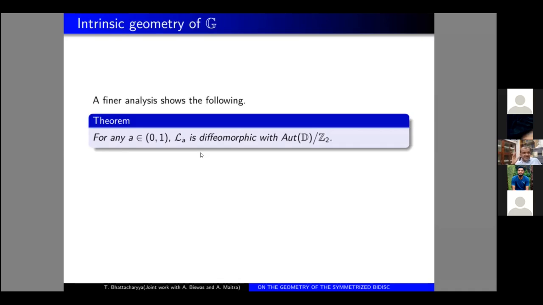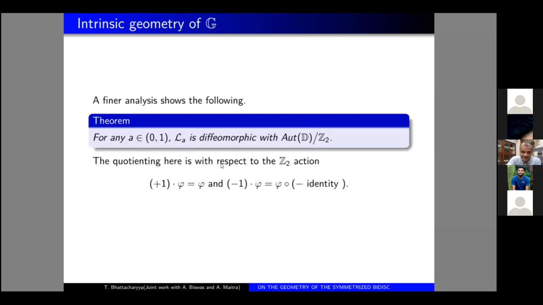They're three-dimensional real hypersurfaces, so it makes sense to ask whether they're diffeomorphic or not. And we end up showing that these are all diffeomorphic to each other. It's also diffeomorphic to Aut D quotiented by Z2, but that's not the prime thing of importance here. It's just that the leaves are diffeomorphic to each other.